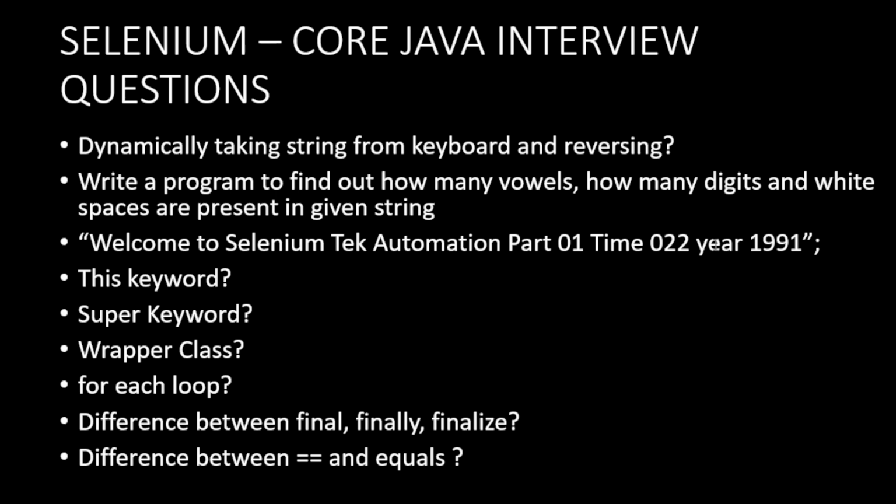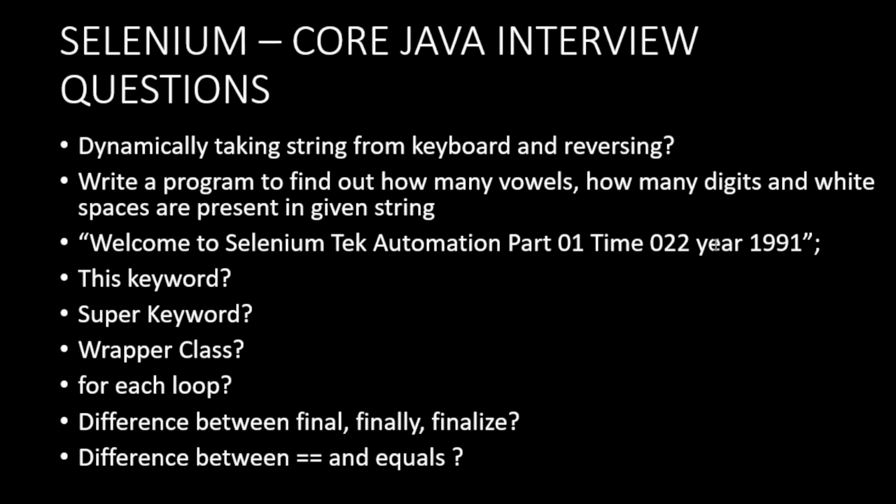If you want to convert from a primitive data type to an object, there are some more concepts: autoboxing and unboxing, and there is also a list of wrapper classes. So we can convert from a primitive data type into an object with the help of autoboxing and unboxing. Autoboxing means primitive data type into object; unboxing means object into primitive data type.